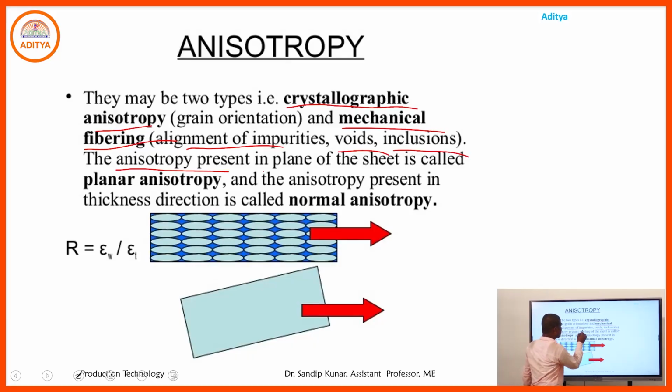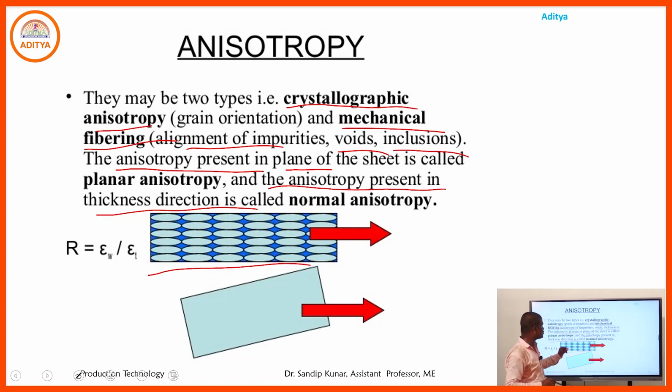The anisotropy present in the plane of the sheet is called planar anisotropy, and the anisotropy present in the thickness direction is called normal anisotropy.